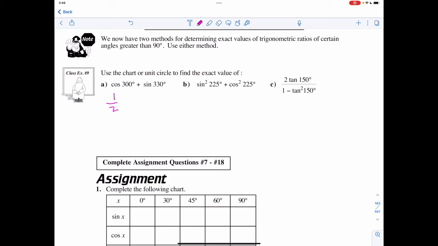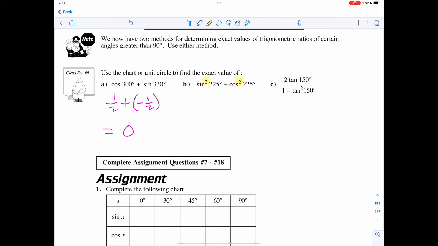Sine of 330 is negative 1 over 2. Positive 1 over 2 and negative 1 over 2 is going to cancel out to make 0. And if I'm not sure, I can always double check on my calculator and put in cos 300 plus sine 330, and I should get 0.